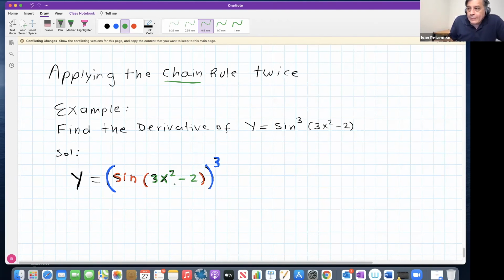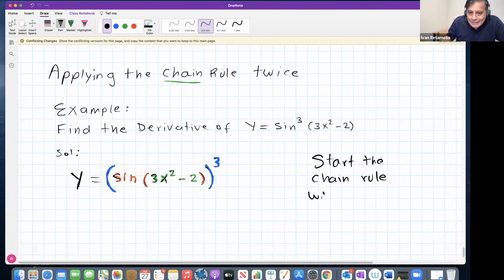Now, whenever you have a composite function made of three functions, like 1, this quadratic function, 2, this sine function, 3, this cubic function, follow this. Let's write it in different color here. Start the chain rule with the outsidemost function.